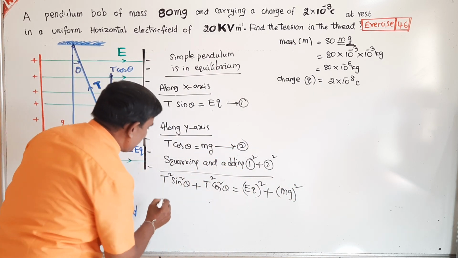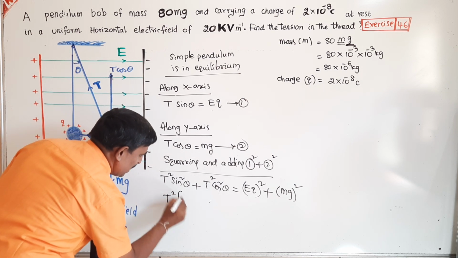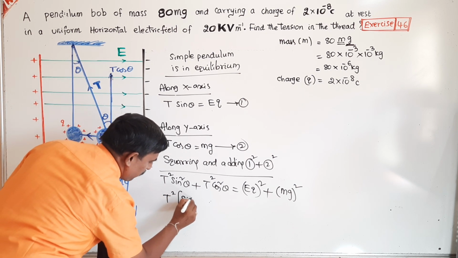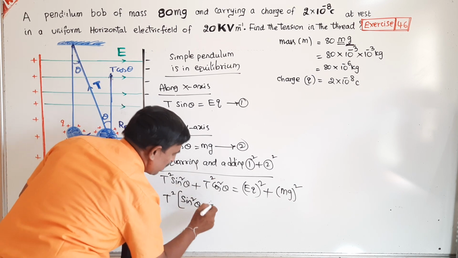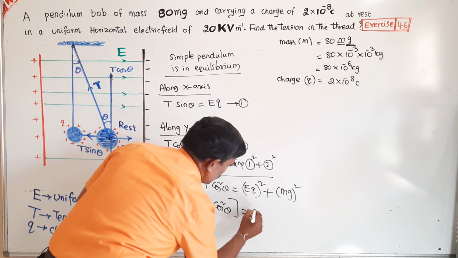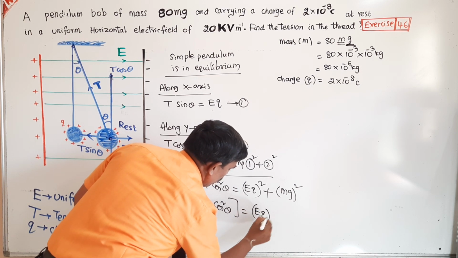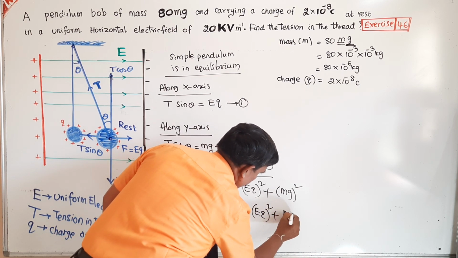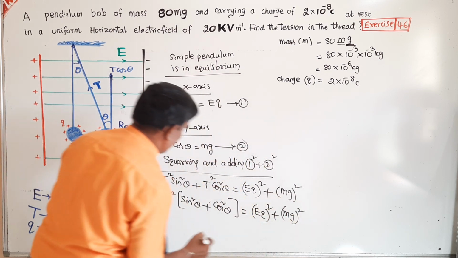T square common, sin square theta plus cos square theta, that is equal to EQ whole square plus mg whole square.